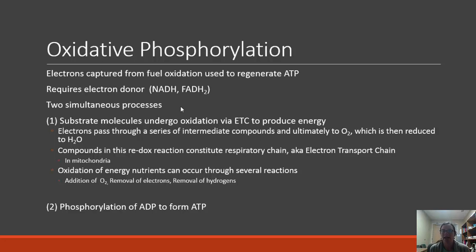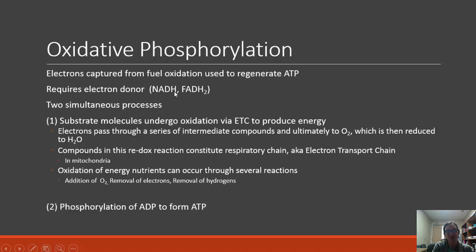When I say that they pass electrons from one compound to the other, these are redox reactions. Remember your biochemistry, and we've been talking about redox reactions throughout this whole talk, right? If I have NAD and I add a hydrogen onto it, it goes from the oxidized form, NAD, to the reduced form, NADH. That's a redox reaction. And whatever molecule passed the hydrogens onto NADH went from being reduced to being oxidized.